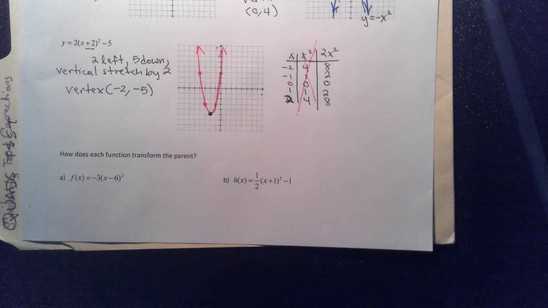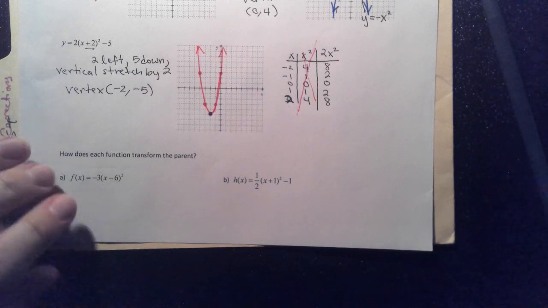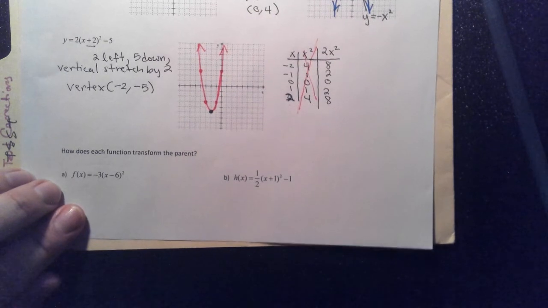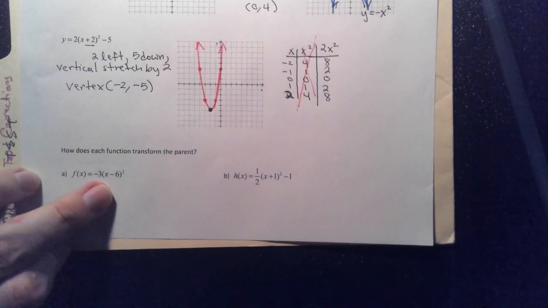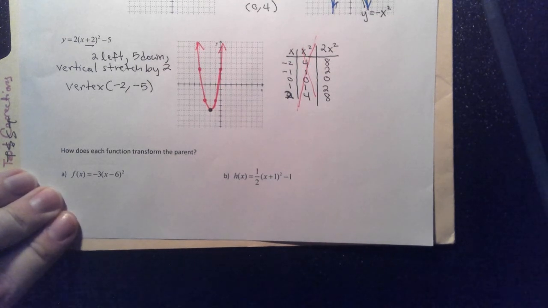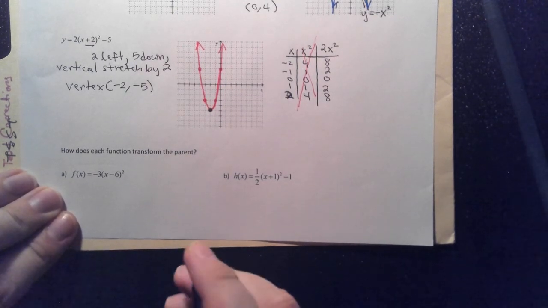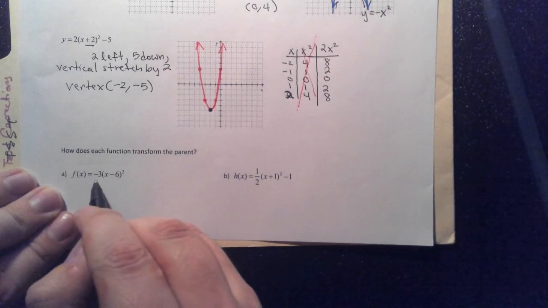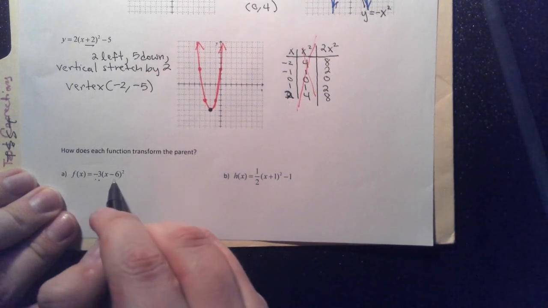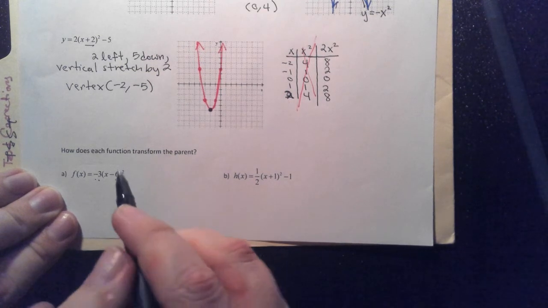Couple more examples. Let's just look at some equations and see if we can identify the transformations. Right here, f of x is equal to negative 3 times x minus 6 squared. So when you look at this and you're analyzing for transformations, you should see 3 things. There's a negative, there's this 3 out front, and inside I'm subtracting 6.